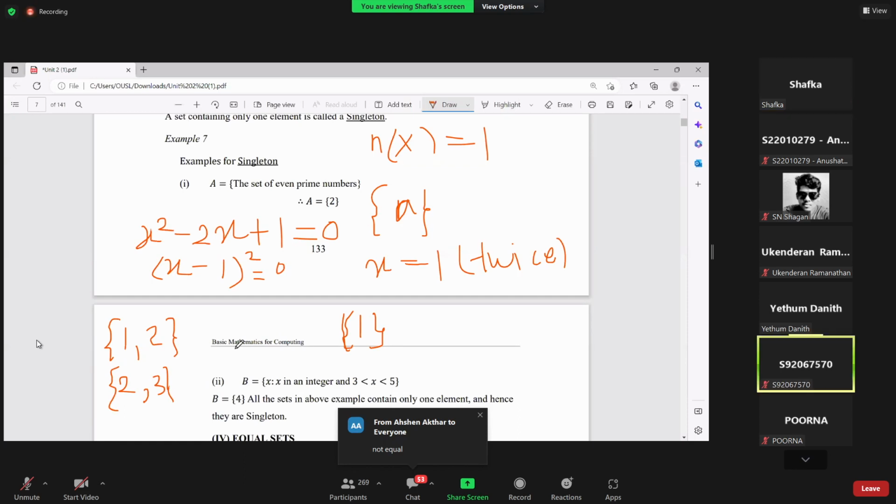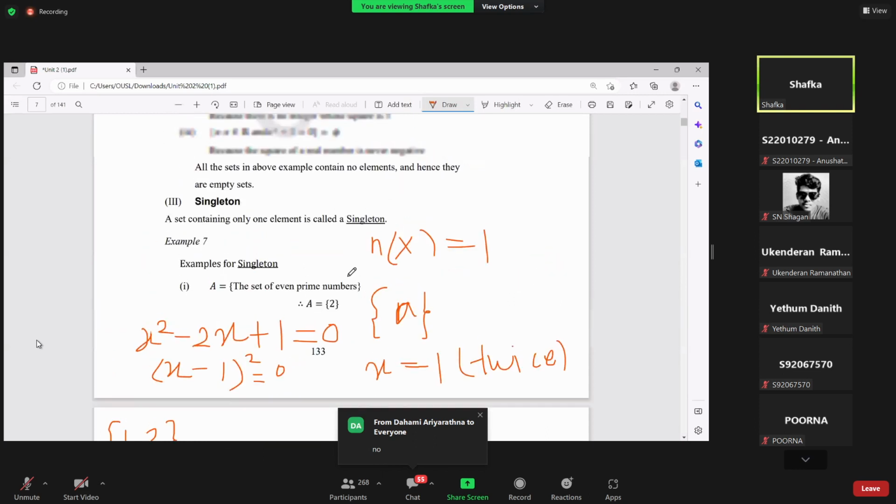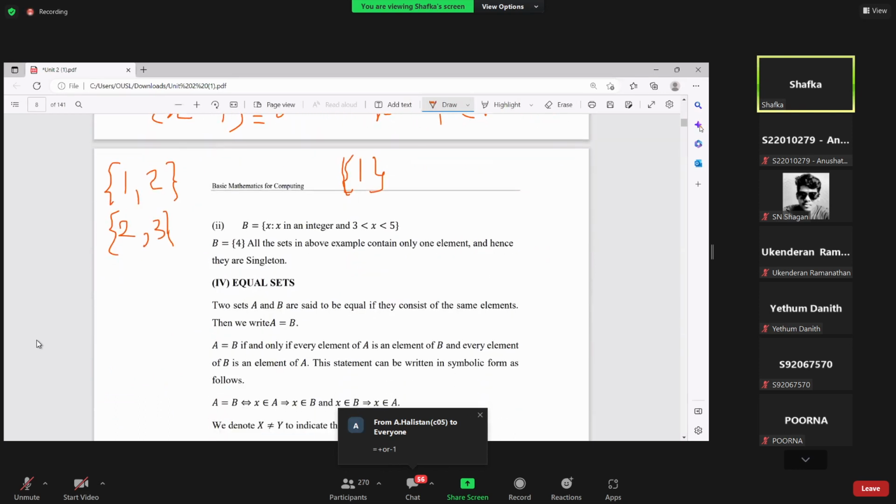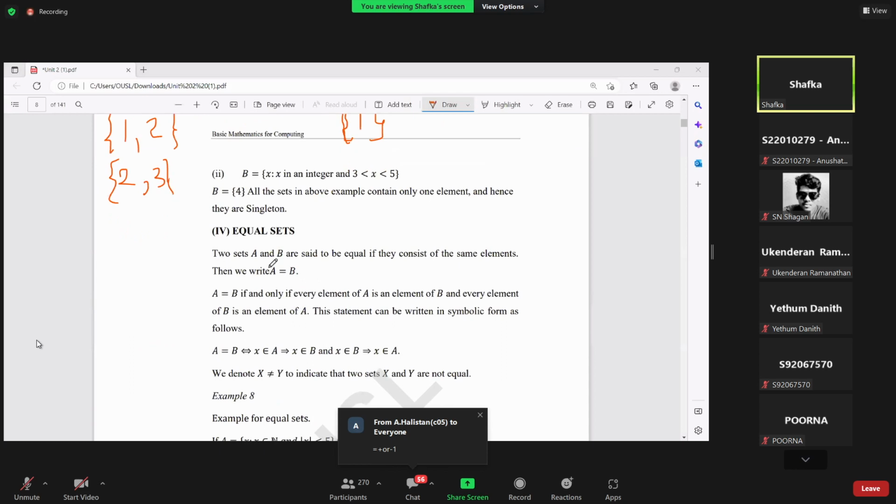No. Even if we have an equal number of elements in two sets, we can't say they are equal sets. Two sets A and B are said to be equal if they consist of the same elements. If at least one element is different, we can't say they are equal sets.